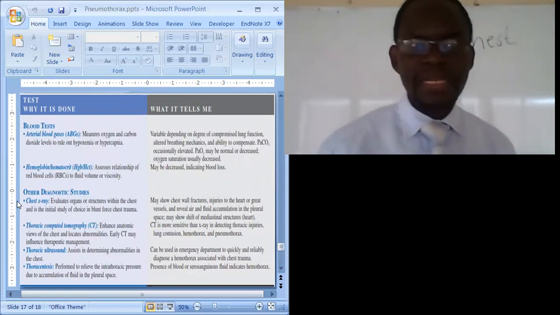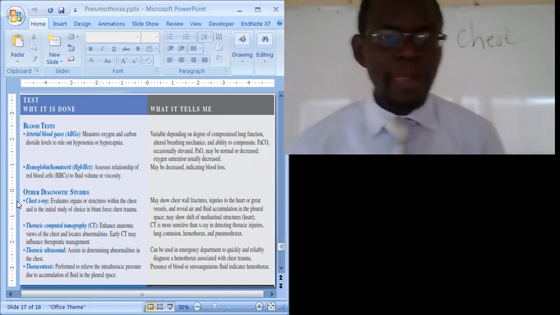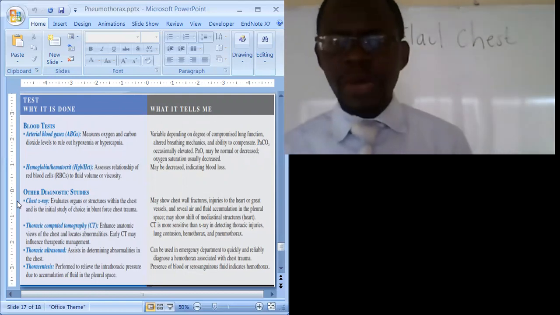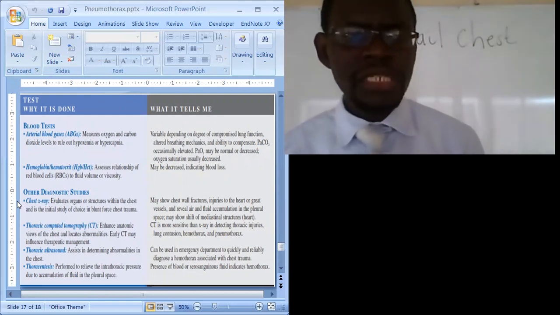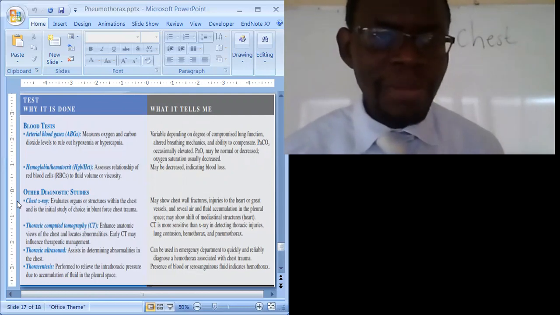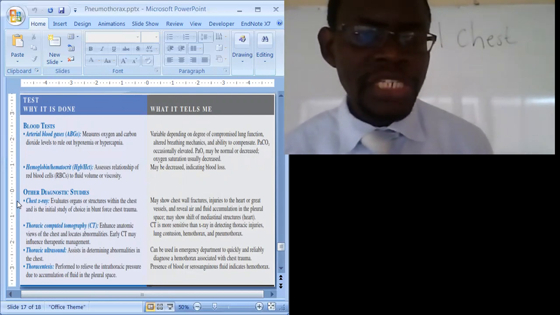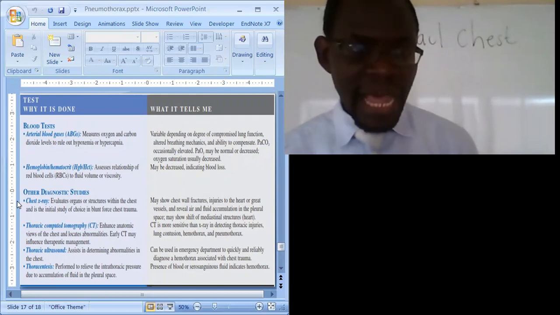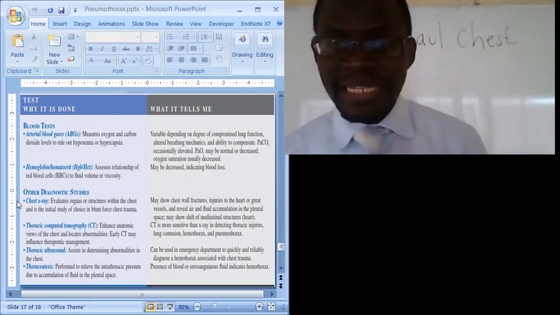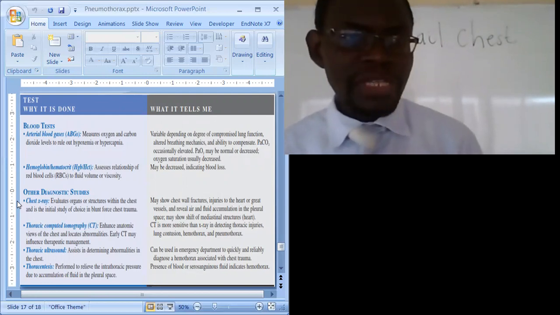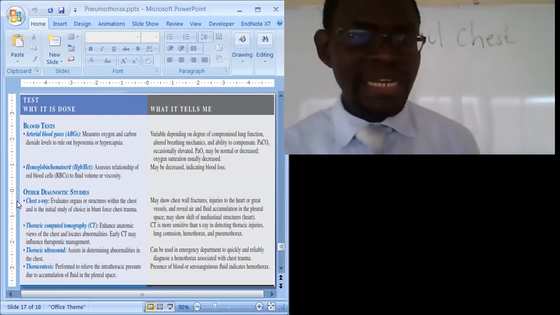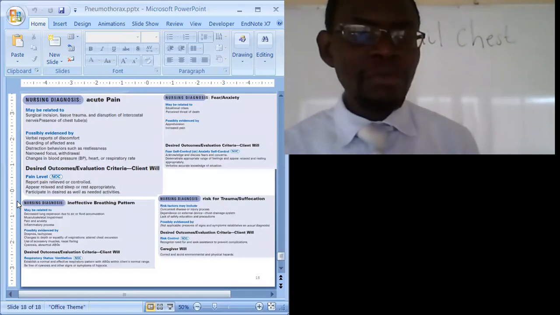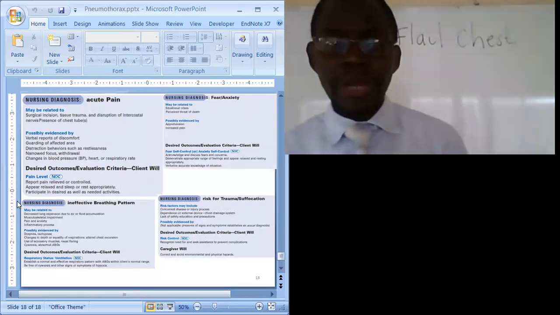If you can look at that presentation there, the tests that can be done with a patient who has either pneumothorax or flail chest, things like arterial blood gases, hemoglobin, chest X-ray. You can do CT scan. You can do ultrasound. You can even do thoracentesis, and those are some of the investigations that are done.